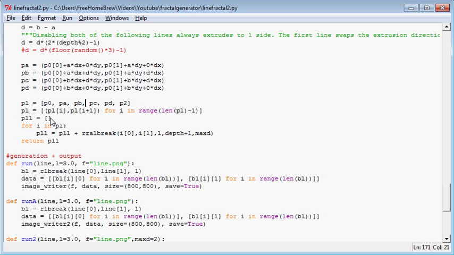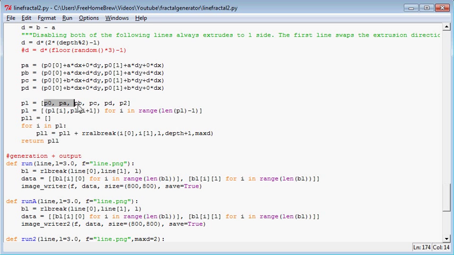PLL is empty. For each pair in PL, PLL will be appended with the RAL break for the first pair. So it will reapply the recursive line breaker for these pairs in PL.